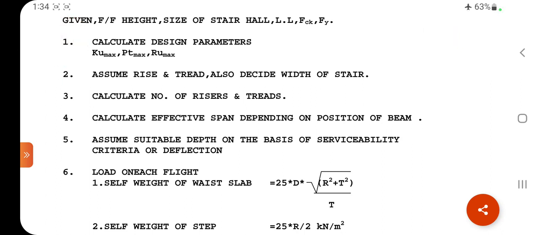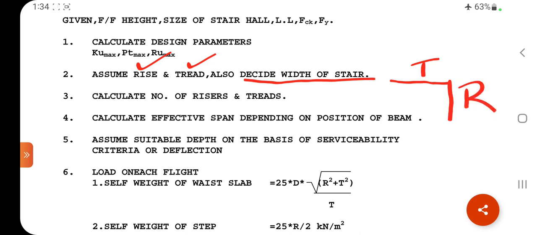Then step number 2 is we have to assume the rise, tread, and also decide the width of the staircase. So this is our rise, this is our tread. We have to assume it depending upon which kind of building it is.